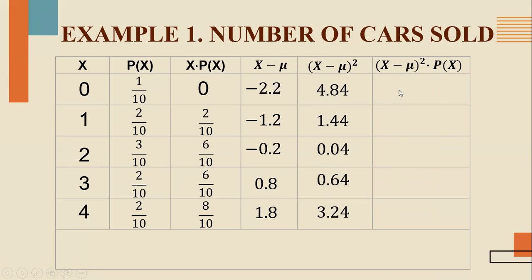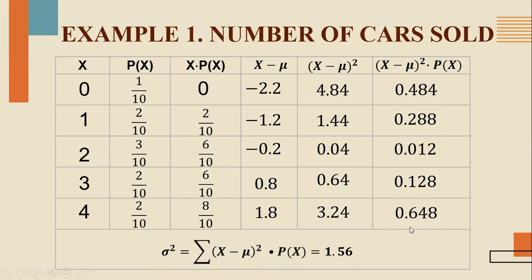So 1 over 10 times 4.84 is 0.484. 2 over 10 times 1.44 is 0.288. 3 over 10 times 0.04 is 0.012. 2 over 10 times 0.64 is 0.128. And lastly, 2 over 10 times 3.24 is 0.648.